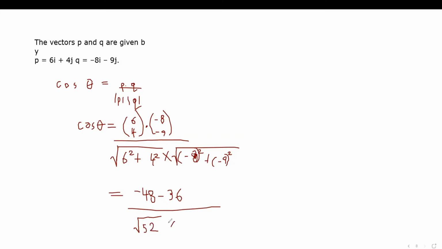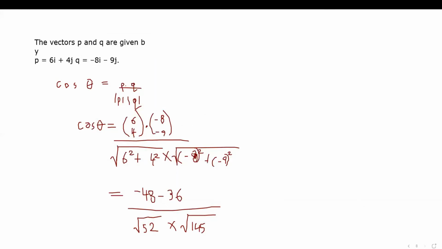Then that is being multiplied by 8 squared is 64 plus 9 squared is 81. What is 81 and 64? 145. 81 and 64 is 145. Thank you.